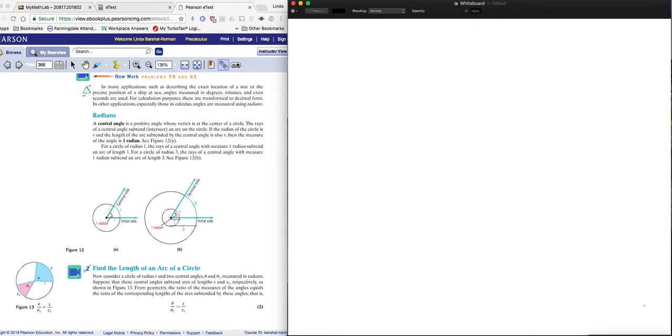All right, so if we start with our conversion factor, 2 pi equals 360, and then pi equals 180, then what I can say is this. This side is radians, this side is degrees. So pi radians equals 180 degrees.